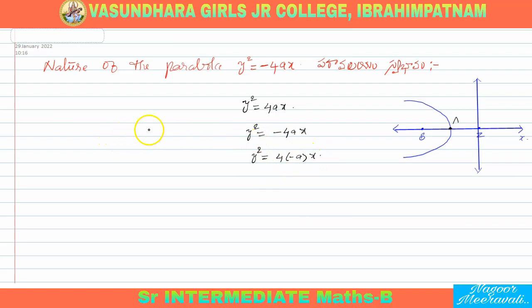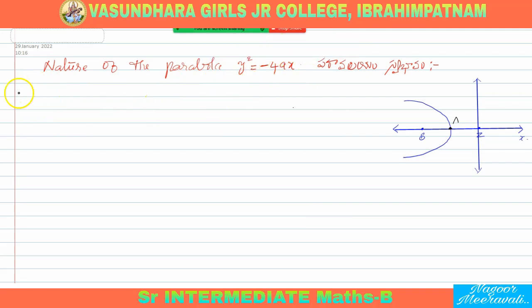Now you have to keep a as minus a in the previous properties. In the last class I told you about the parabola y square is equal to 4ax. Wherever a is there in that parabola, if you write minus a, you get the properties of the parabola y square is equal to minus 4ax. So let us tell those properties.